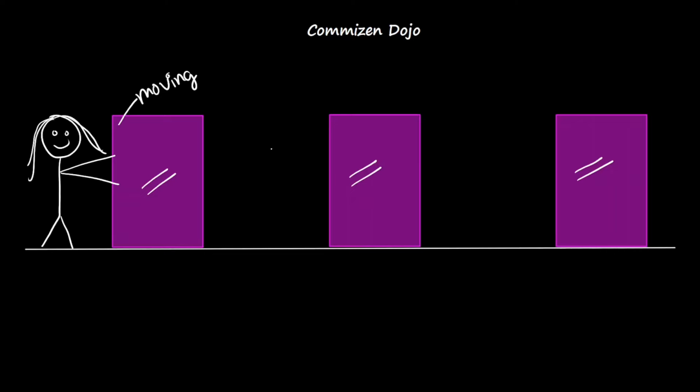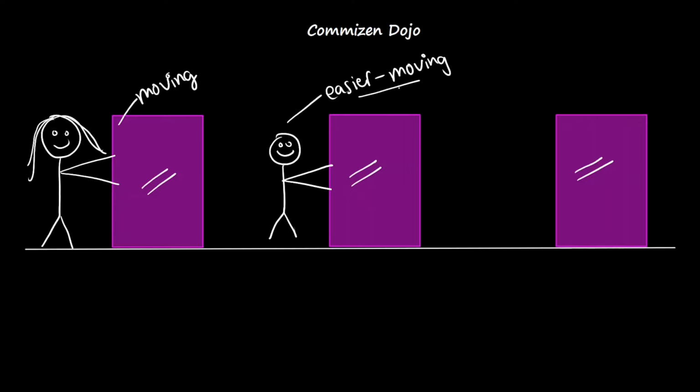When Priya was moving the box, you decided to join in and started to push the box. You observed that it was easier to push the box when it was moving. But why? Why was it easier to move the box when it was already moving?